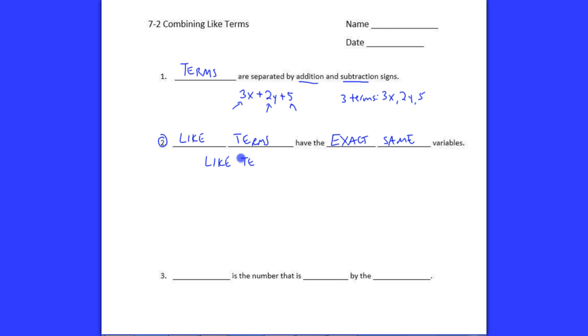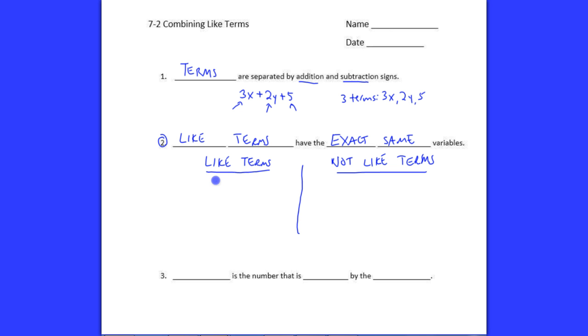So write "like terms" down there, put a line underneath it, put "not like terms," put a line underneath that, and then a line separating it. We're going to do a little comparison chart here.